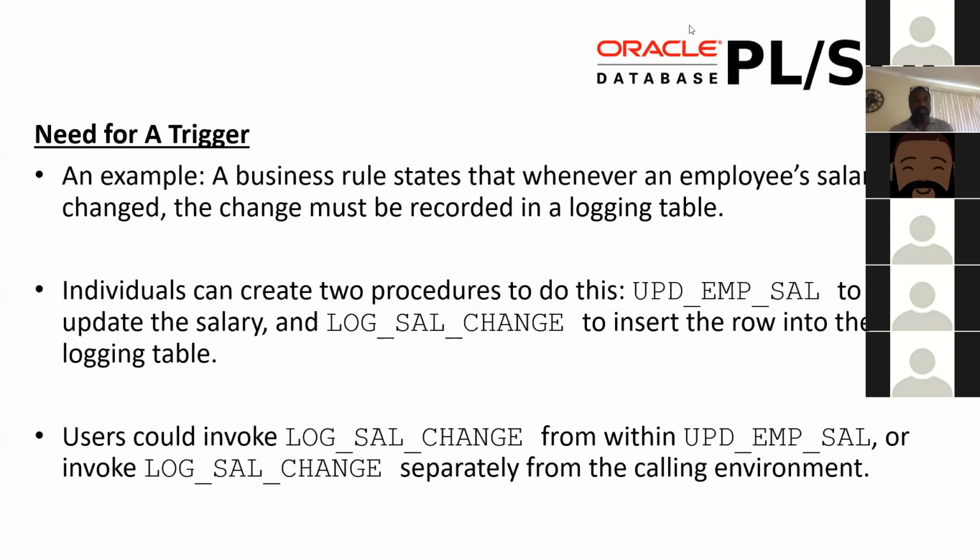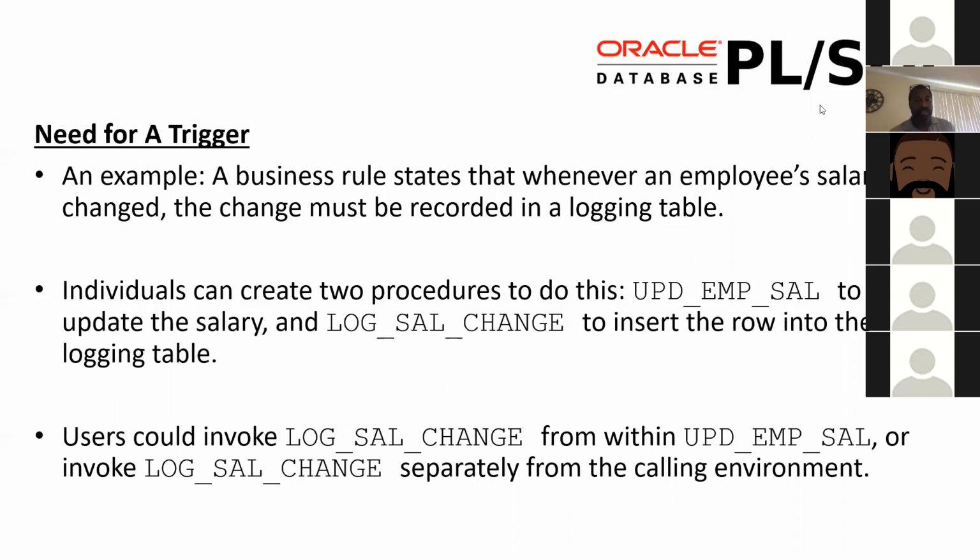All right, so the need for a trigger. This one is very, very basic. When you have a business rule that says whenever an employee salary is changed, the trigger should fire, recording that change in a log table. That's one of the most common usages.